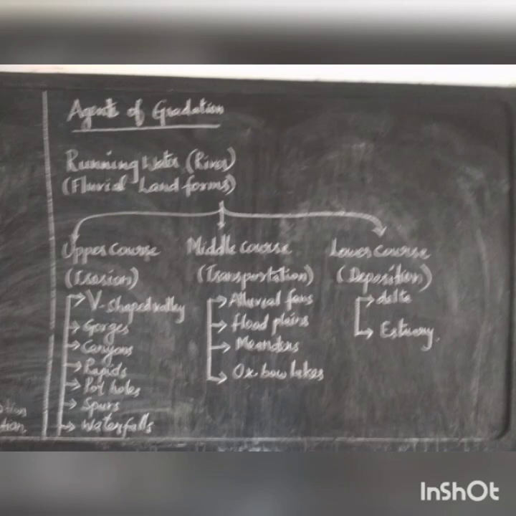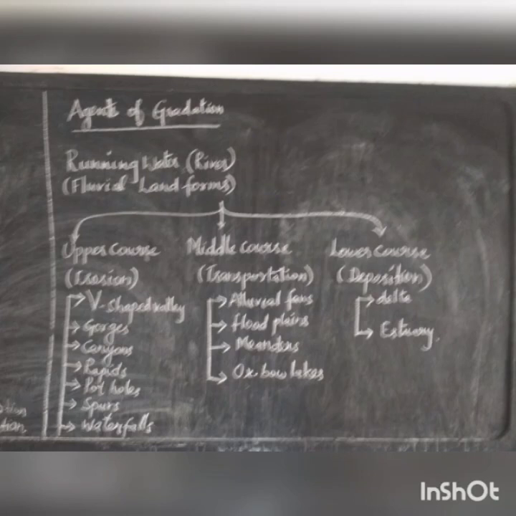In this course, a river usually tumbles down the steep mountain slopes. The land features carved by a river in its upper course are V-shaped valleys, gorges, canyons, rapids, potholes, spurs and waterfalls.